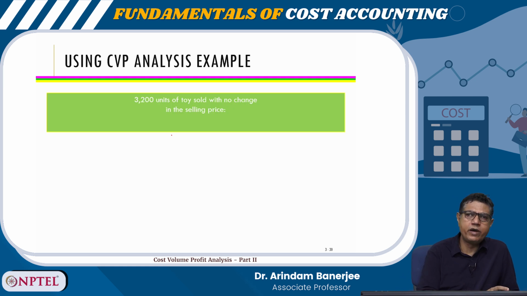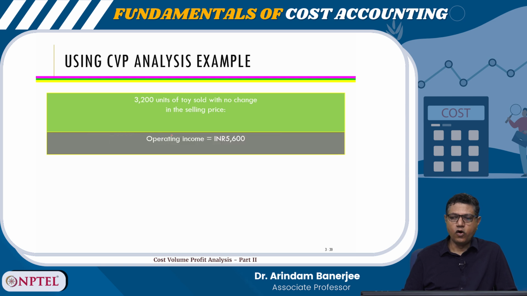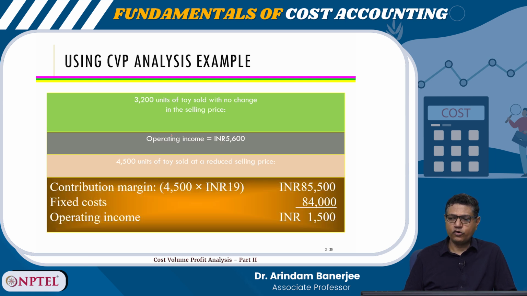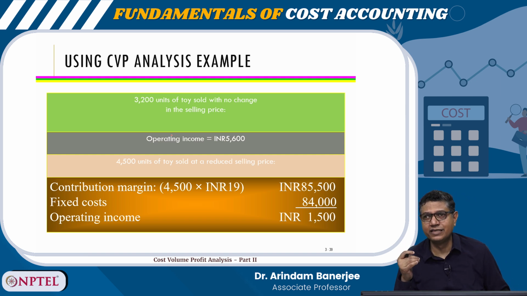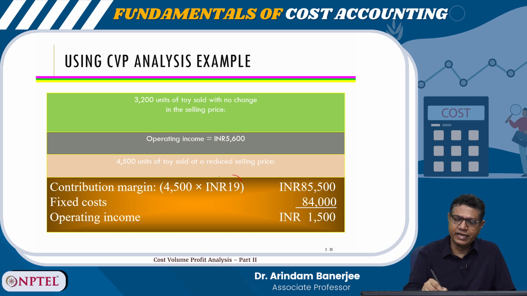So, 3,200 units of toy sold with no change in the selling price, operating income 5,600. 4,500 units of toys sold at reduced price. So, contribution margin will be now how much? Contribution margin will decrease now, because sales minus variable cost is contribution. Because the company is reducing the selling price, the contribution margin will now decrease.